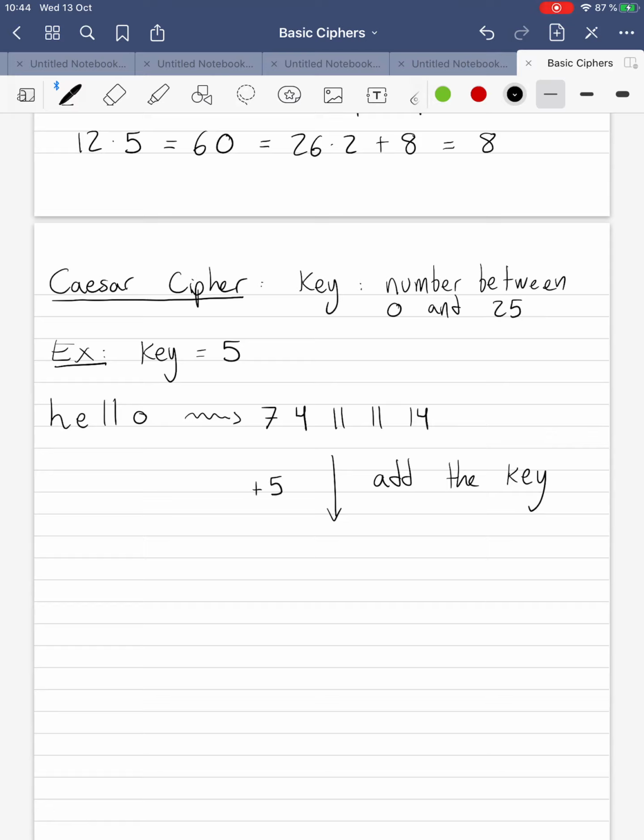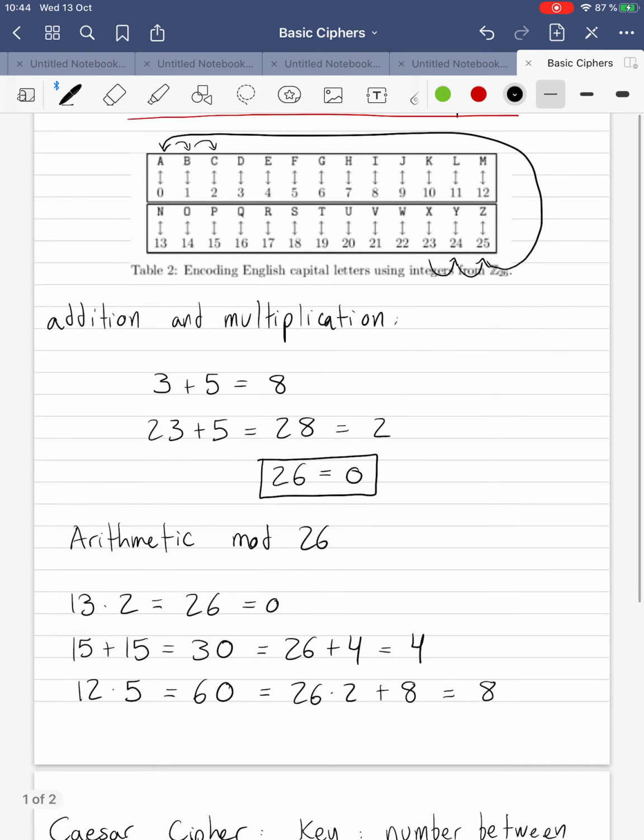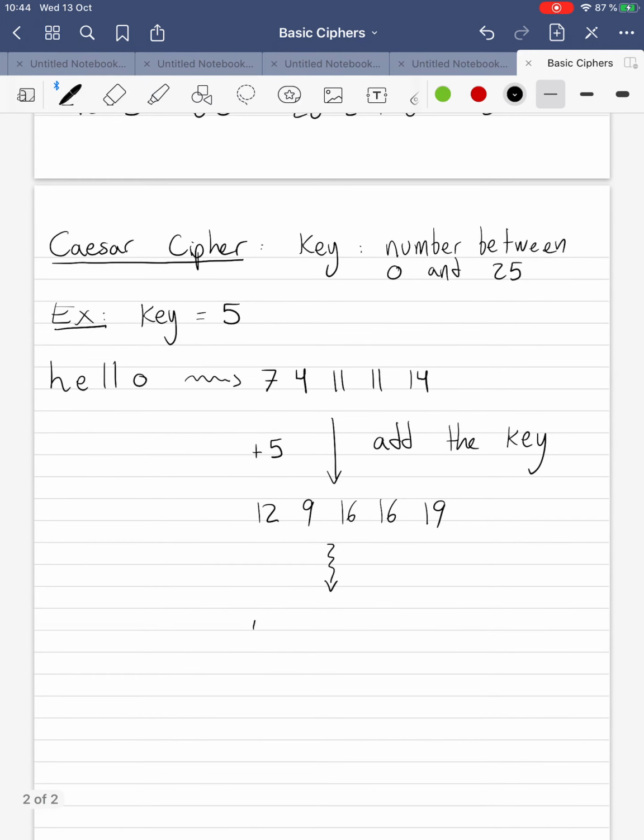So 7 turns into 12, 4 turns into 9, 11 turns into 16, 11 turns into 16, and 14 turns into 19. Then we just translate this back into letters. 12, 9, 16, 16, 19. So let's see, 12 is M. So we're going to get M.